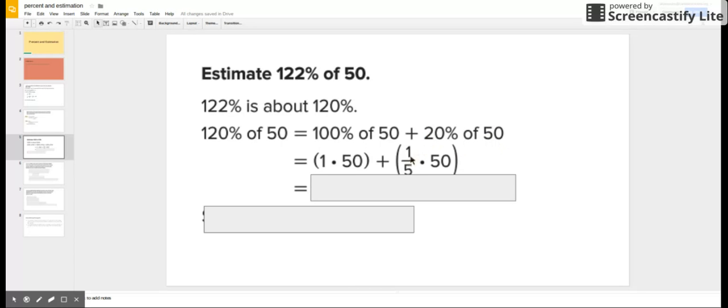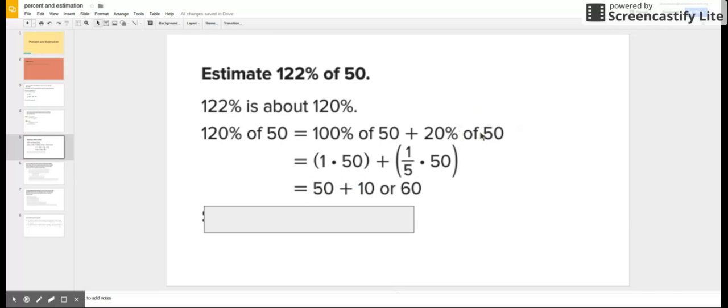Again, how did I get that 1/5? You just do 20 over 100, right? 20 hundredths, which actually simplifies to 1/5. It would just be 2 over 10 and then 1 over 5. So you have 1 times 50 plus your 1/5 times 50. So again, this 100% of 50 would get me 50, right?